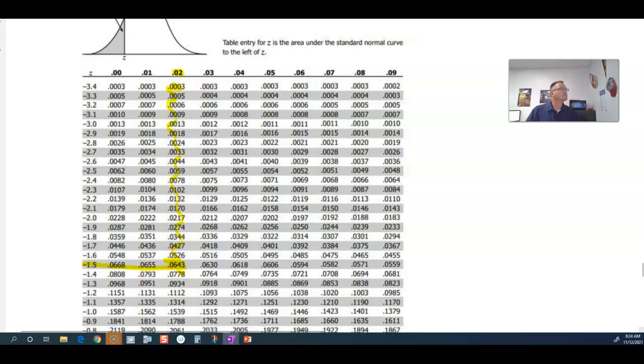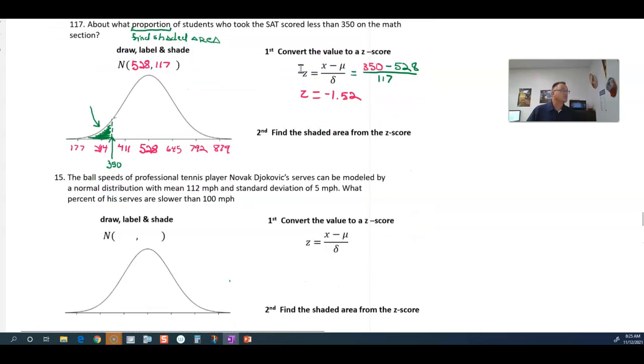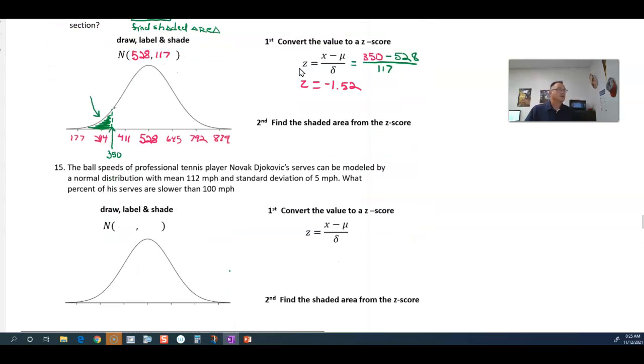So there's my percentage right there. I just got to change it into a percent from that decimal. So I get 0.0643. That's going to become 6.43%. That's the proportion.